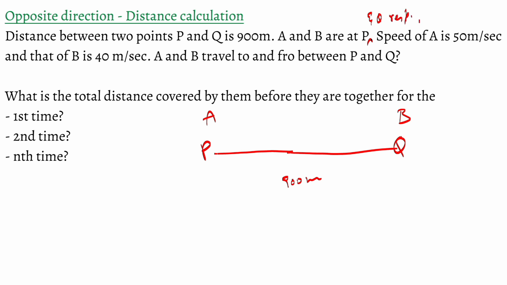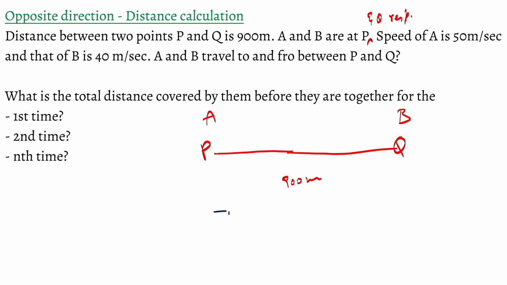So speed of A is 50 meter per second and that of B is 40 meter per second, and A and B travel to and fro between P and Q. And what's the total distance covered by them before they are together for the first time? So what is the total distance covered by them?